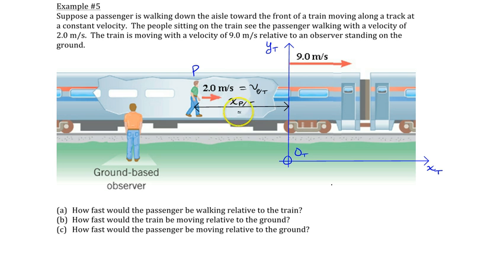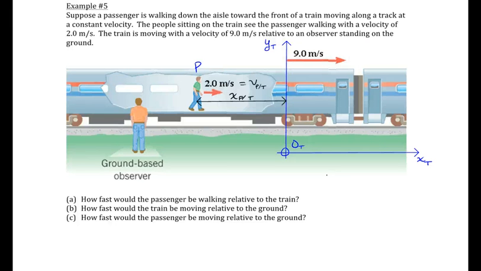Now you'll notice that I use slashes. It really doesn't matter whether you use slashes. You could, if you'd like, not use slashes and just use v sub p and then t, or you could use a comma here. So this is read as the velocity of the passenger p relative to the train t. Sometimes we like to use these slashes, and I'll show a reason why later on. I personally don't mind whether you use the slashes or not. I just want you to be consistent and show your work clearly.